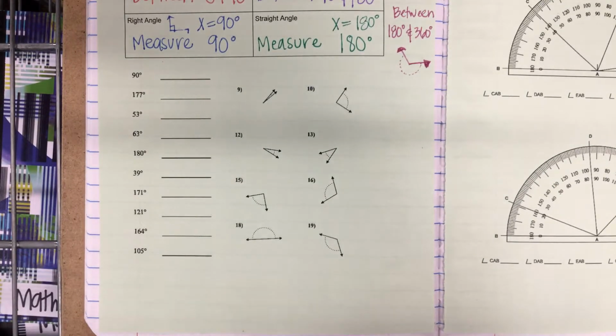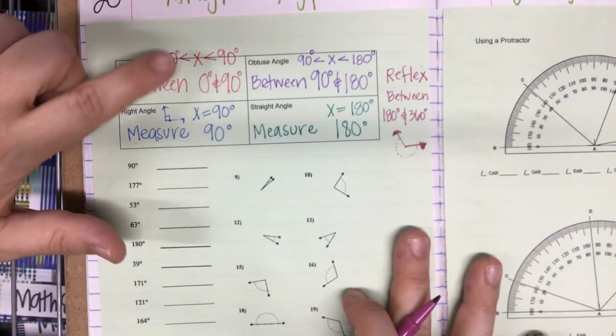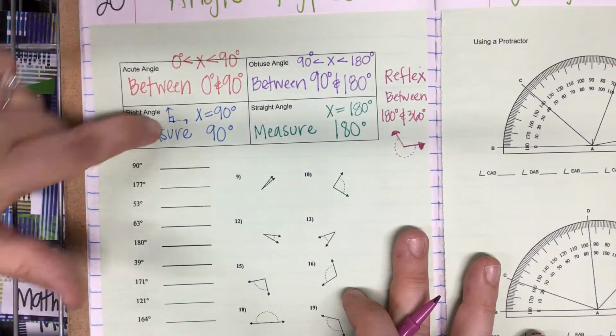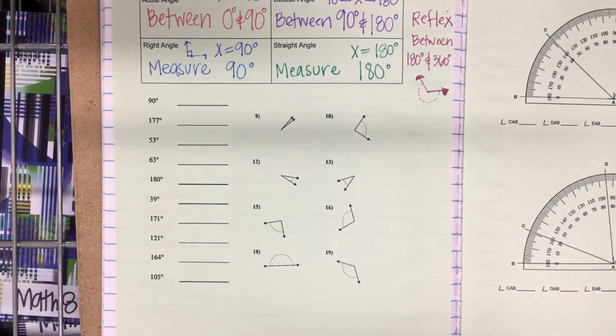All right. Here's some practice. You are just labeling. Is it acute, obtuse, right, or straight? I get it. Sometimes middle schoolers want to take the easiest route ever known.